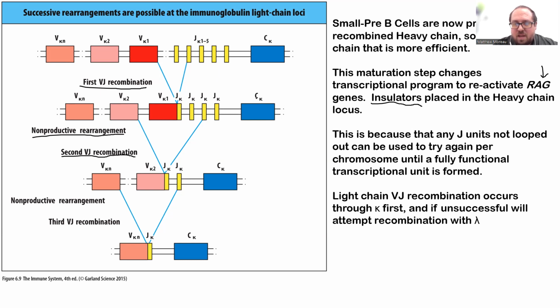Now, this is kind of unique because, again, this not only occurs in one chromosome and then the second chromosome, but it also occurs through two different distinct loci. It actually tries through the kappa loci first, and if all of the rearrangement possibilities randomly assigned in the kappa segment don't function on both chromosomes, then it also occurs in the lambda locus.